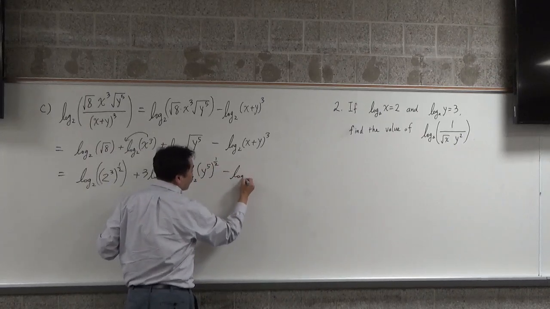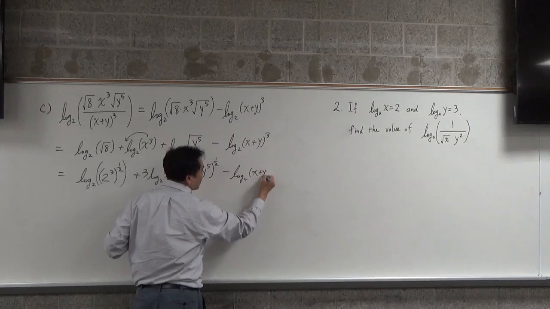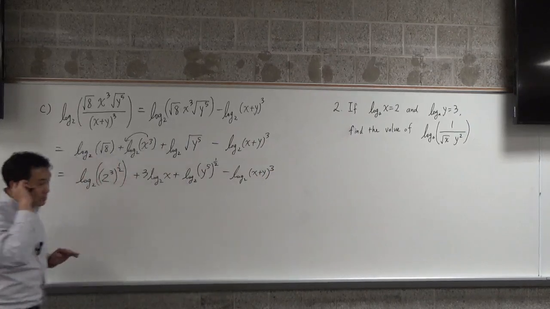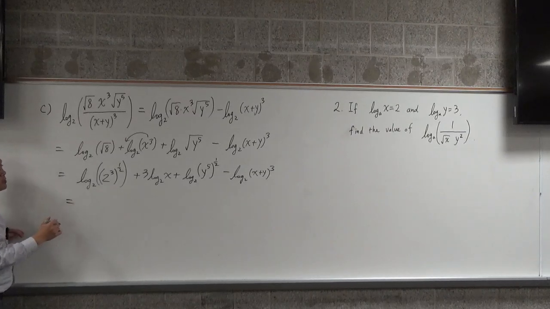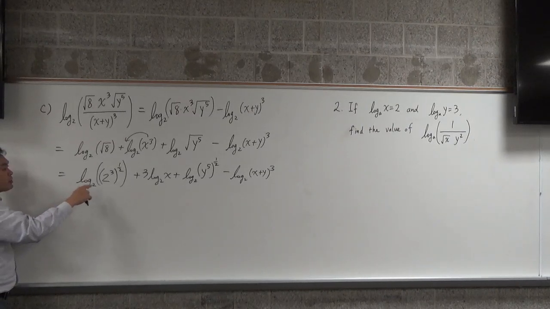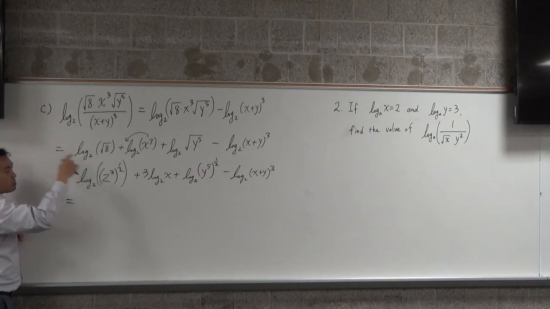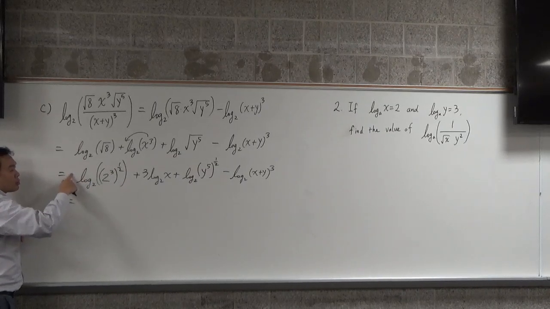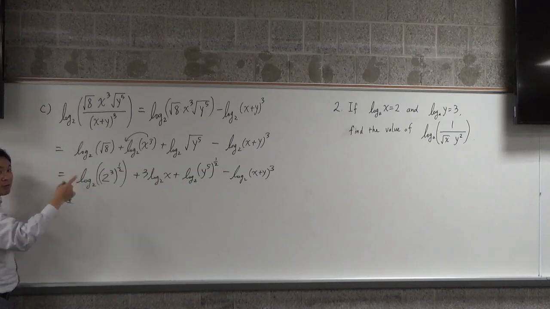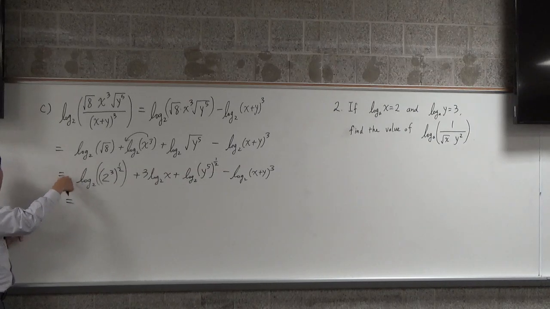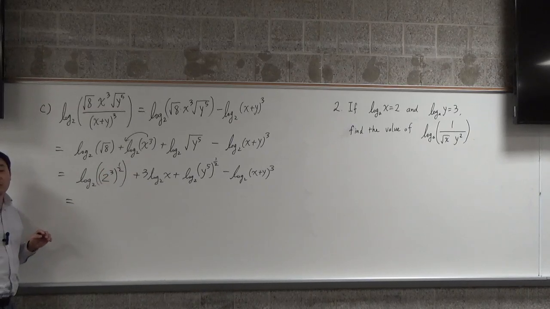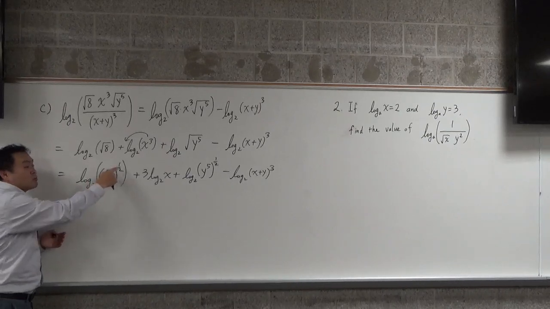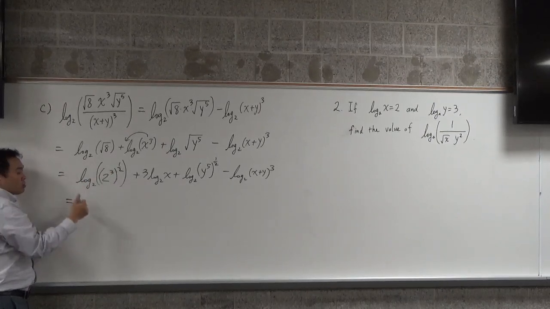And I'll talk about this at the end, so let's not worry about this x plus y cubed for now. All right. So for this one, you have two options. You can make the 1/2 hop over, then 3 hop over. Eventually, it's going to get multiplied over here, or you can just multiply it now. What's 3 times 1/2? When you multiply, you only multiply the top. So 3 times 1/2 will be 3 over 2. 3 over 2 will come in front.